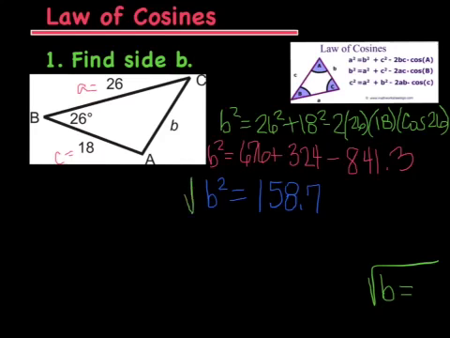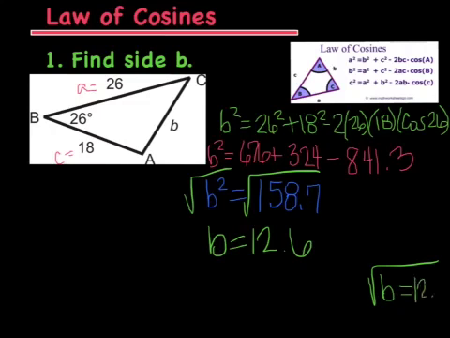So we have to square root both sides. So we're going to square root 158.7, and that gives us 12.6. So that is the length of b, 12.6. So it's all just a matter of plugging in everything that you have and using a calculator. It's not that bad, right? Let's try another one.